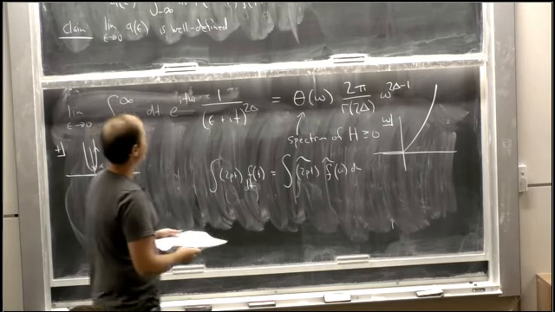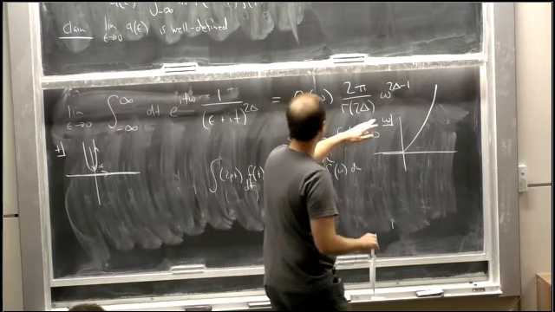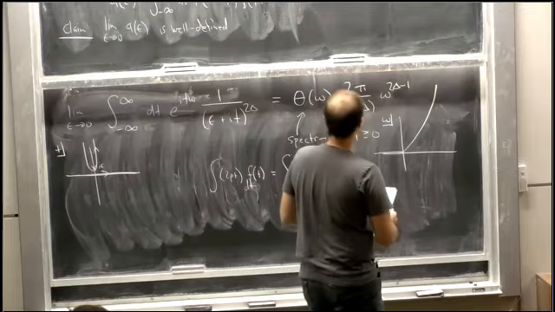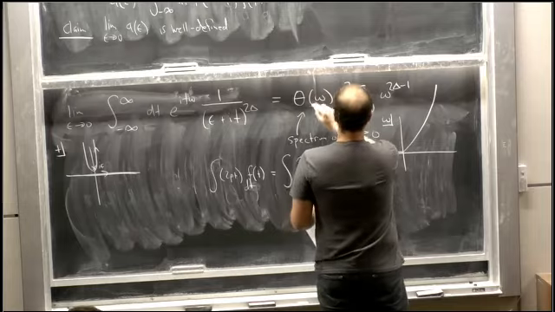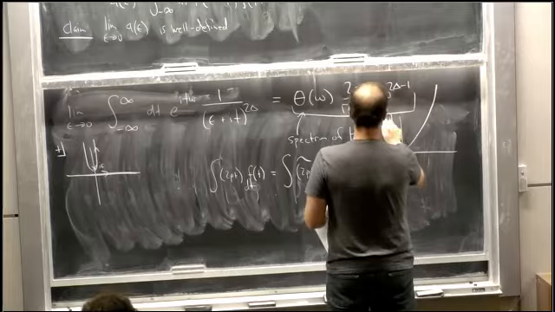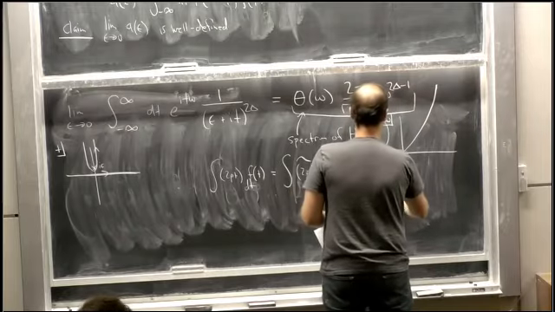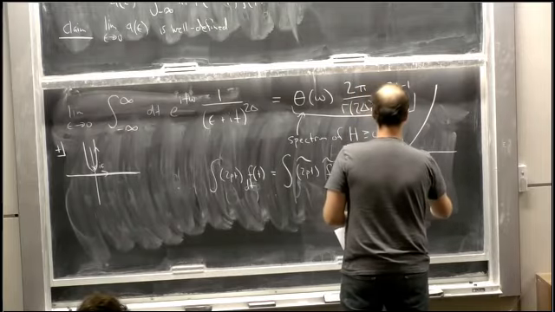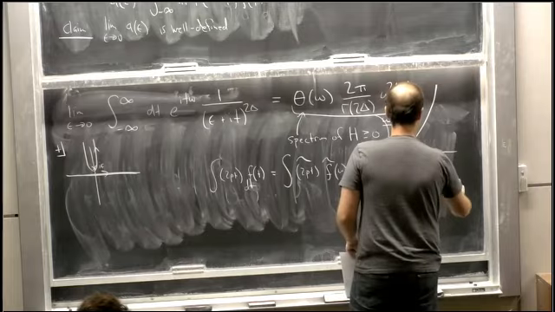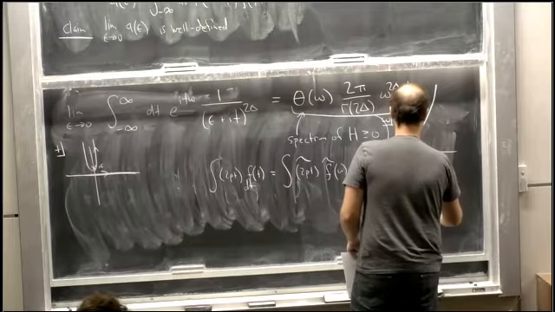And actually, this example is kind of cute. So clearly this thing is tempered for delta bigger than 0, right?